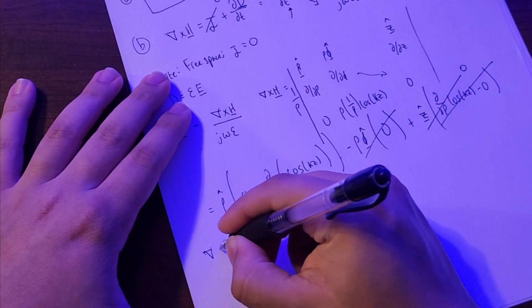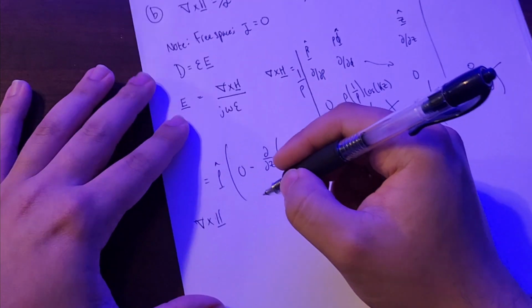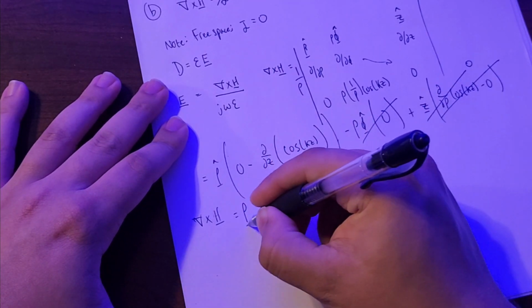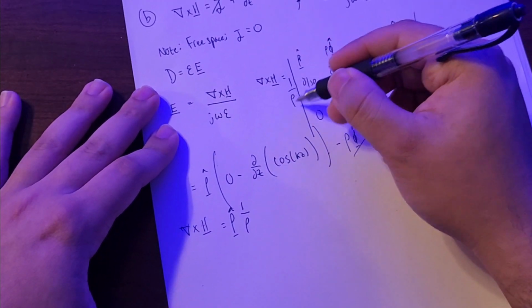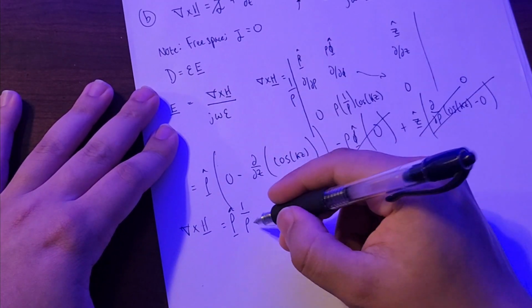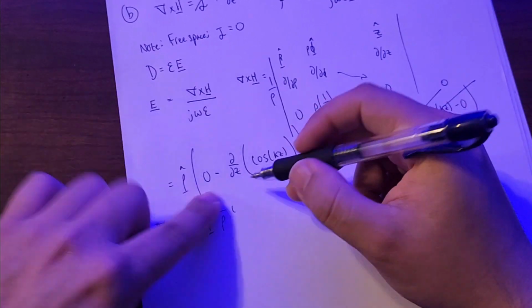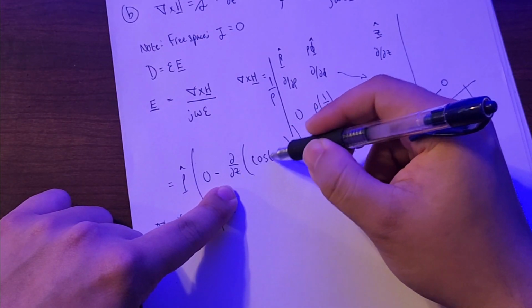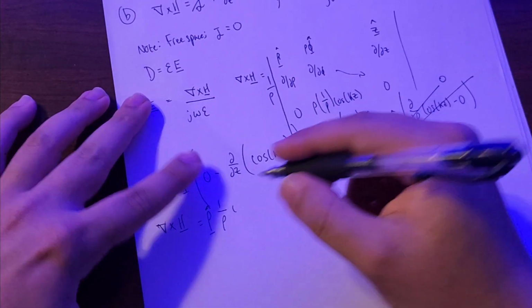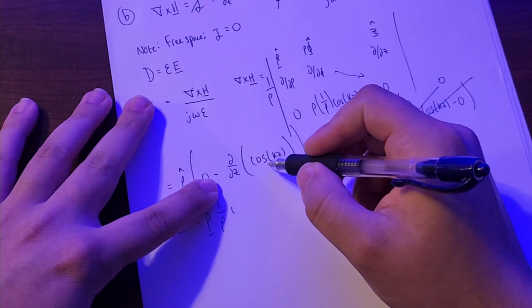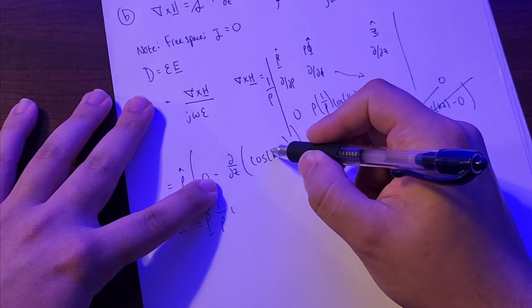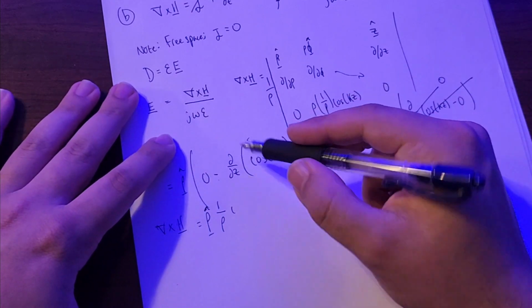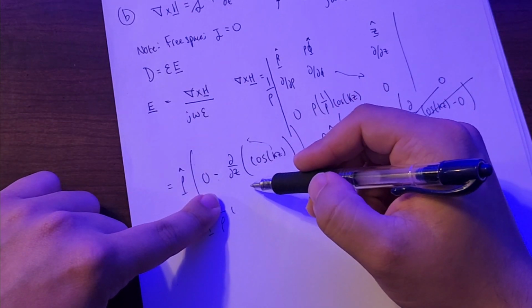So the curl of our magnetic field is equal to rho hat 1 over rho. Remember this 1 over rho here. We can't forget this. 1 over rho, the derivative of cosine kz, negative by the way. So derivative of cosine kz is negative k sine kz. Take out this k here, move it to the front, and derivative of cosine is negative sine.